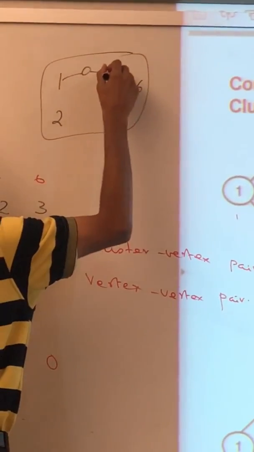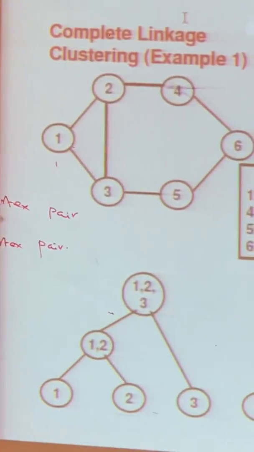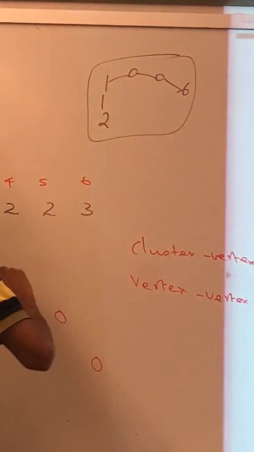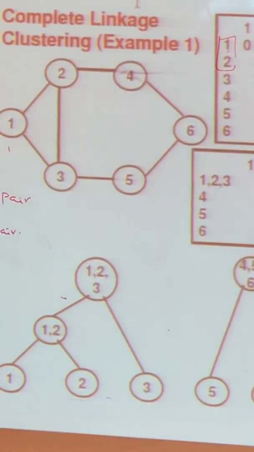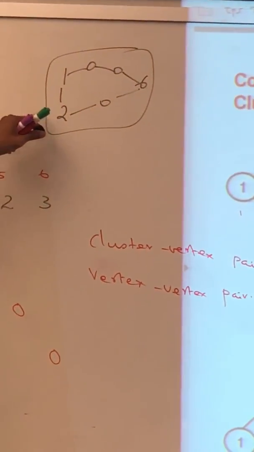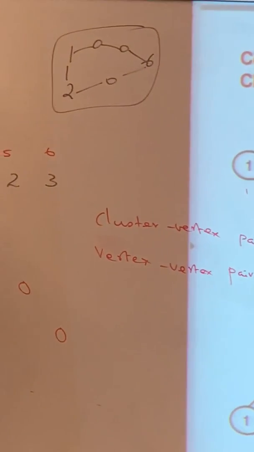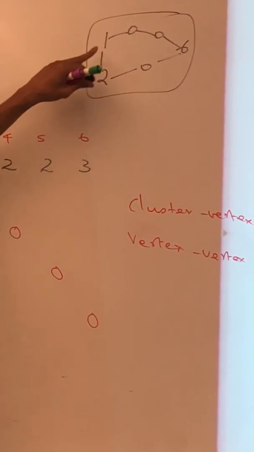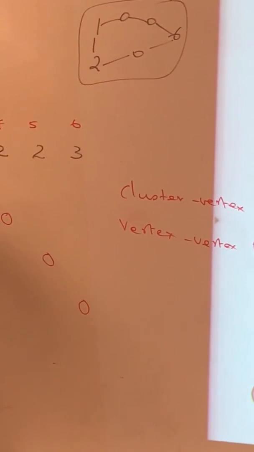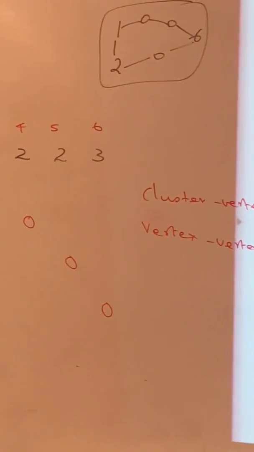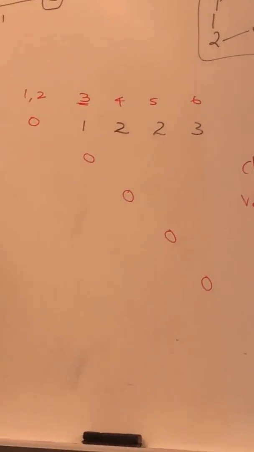Between 1 and 6 the distance is 3, so you have to go through two other vertices to reach 6. 1 and 2 of course are connected to each other. Then for 2 and 6 you have 2 edges. So this is how the edges are. We want to know the maximum distance between any two vertices within the community, and you want to minimize that, or you prefer a minimum value.